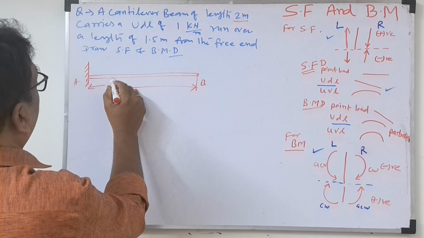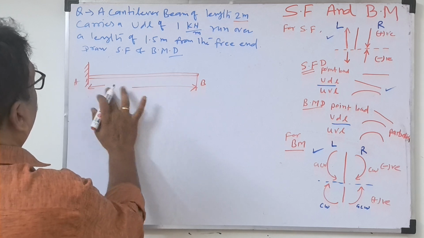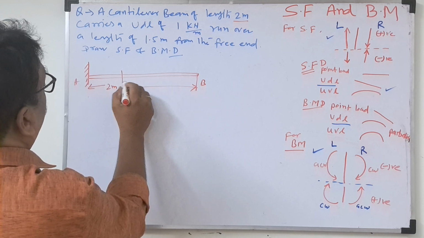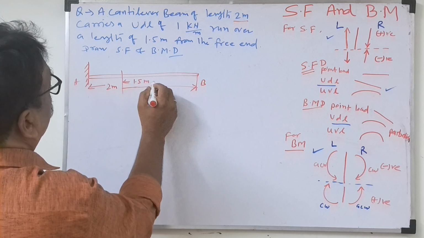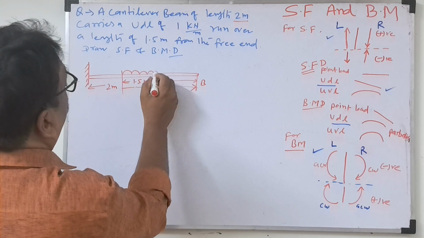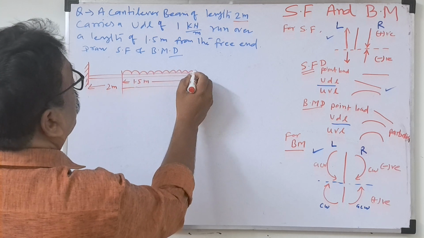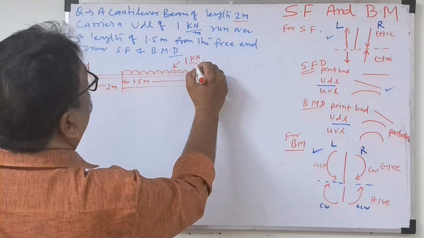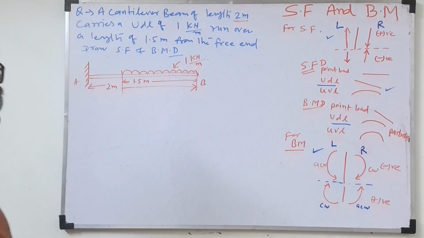So 1.5 meter from the free end of this 2 meter. This is the UDL given, 1 kilonewton per meter. So this is the given question.